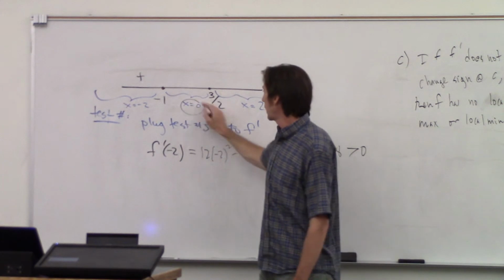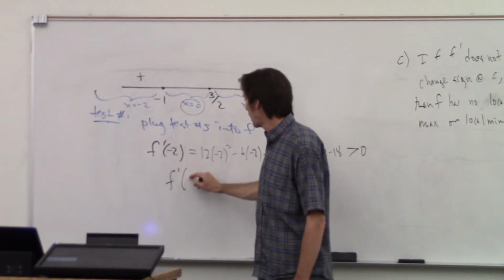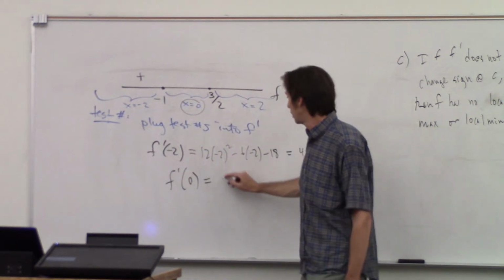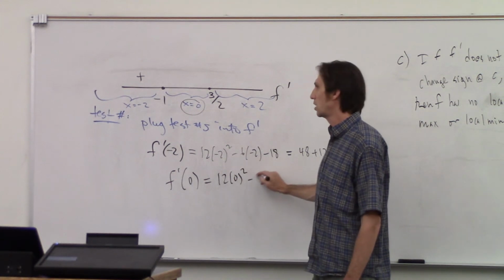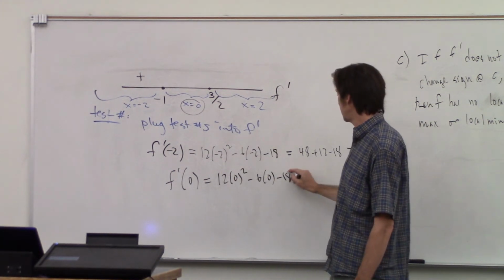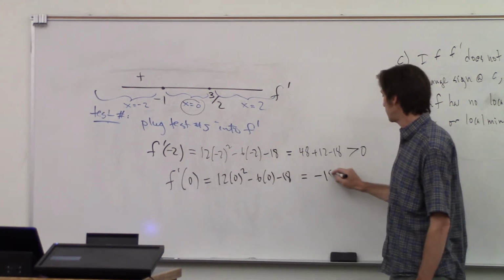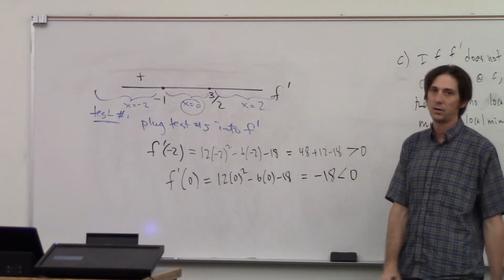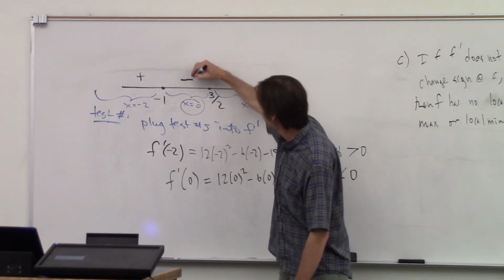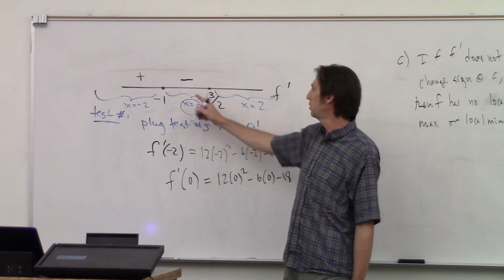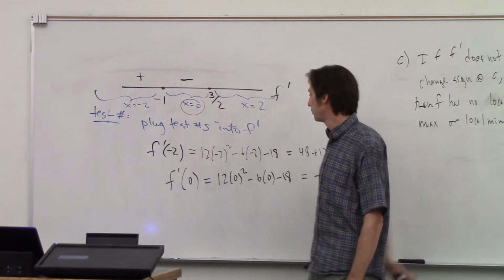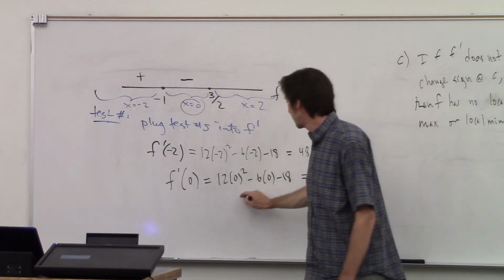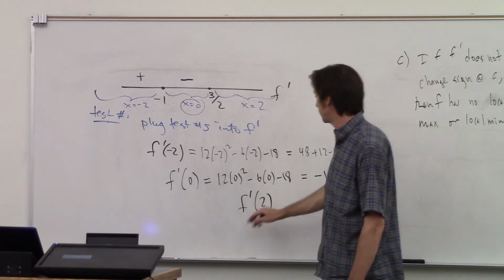If I plug in the second test number, if I want to know f prime of 0, that'll be 12 times 0 squared minus 6 times 0 minus 18, and that's minus 18, so that's a negative value. In other words, from -1 to 3 over 2, the derivative is negative. For the last test number, I plug 2 into the derivative.